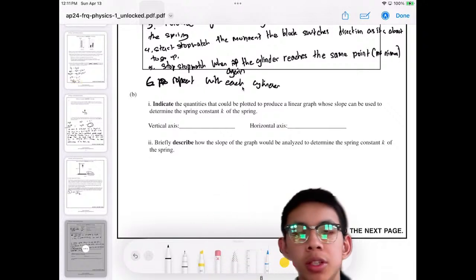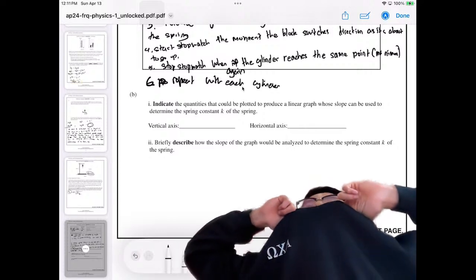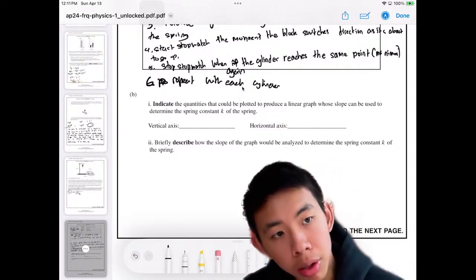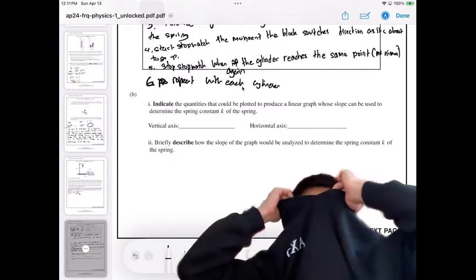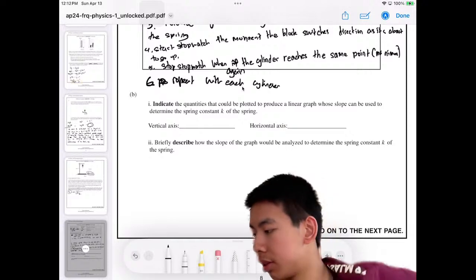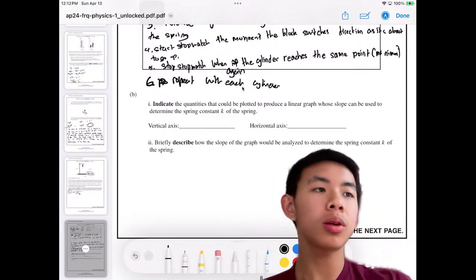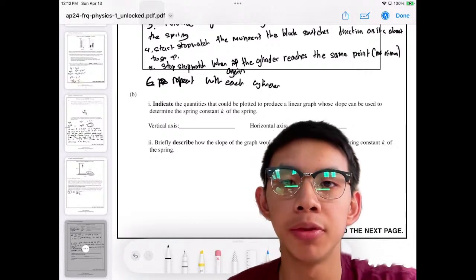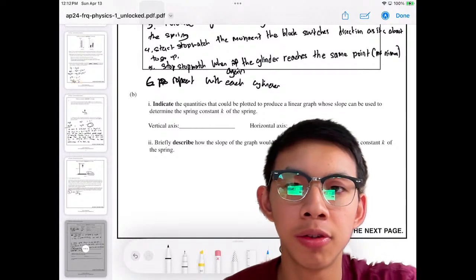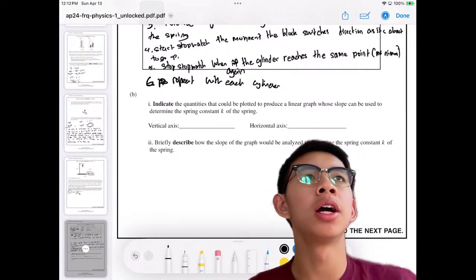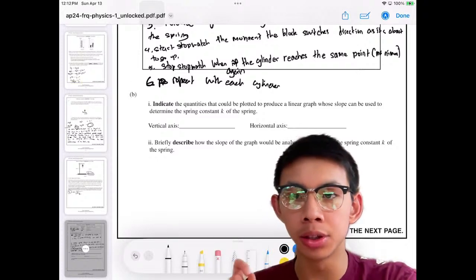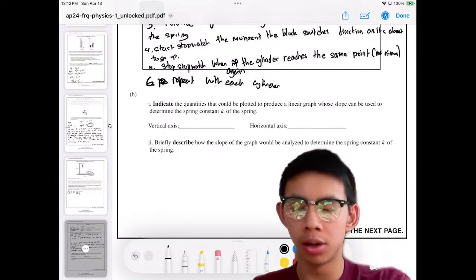to determine the spring constant K of the spring. So what I'm thinking about is plotting it on a graph, right? I'm thinking about what is my dependent variable and what is my independent variable.